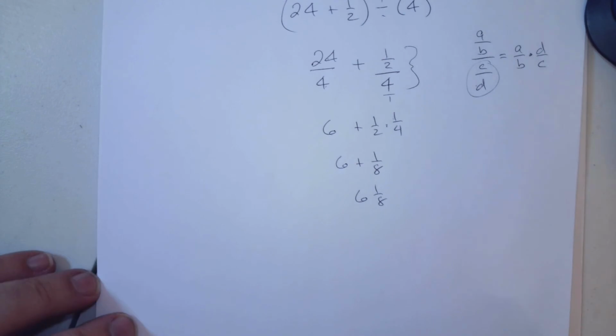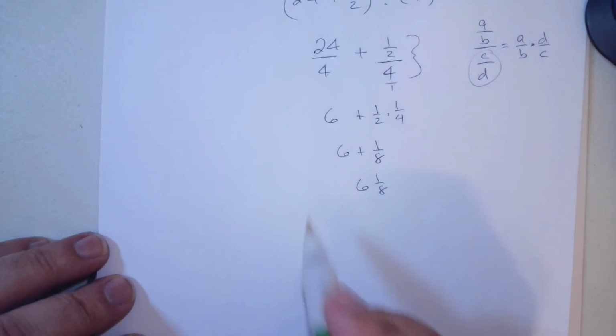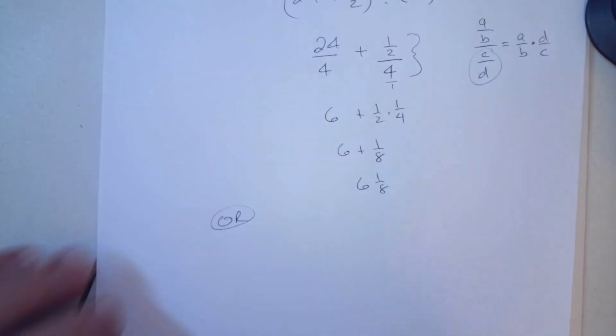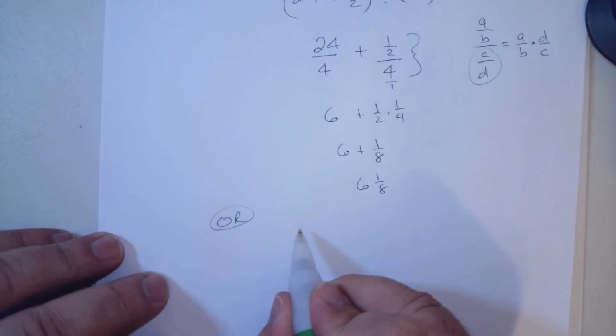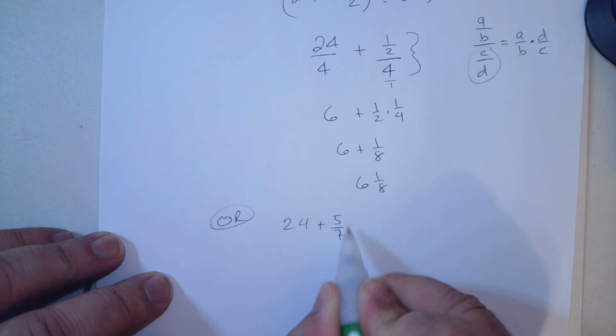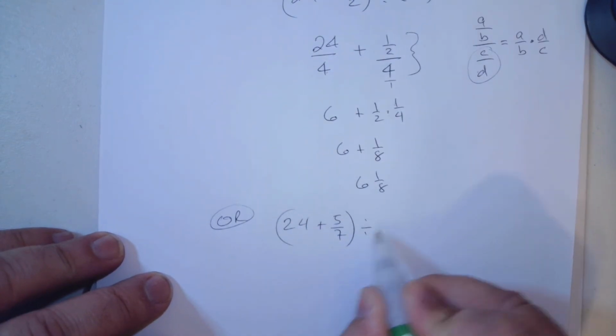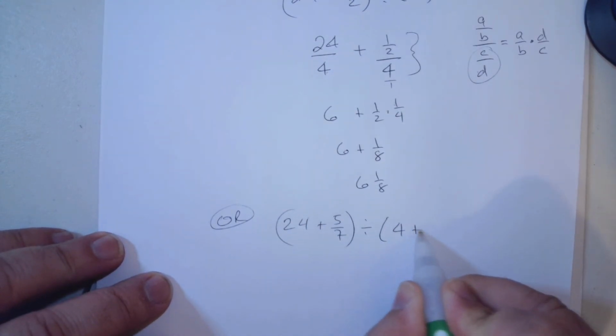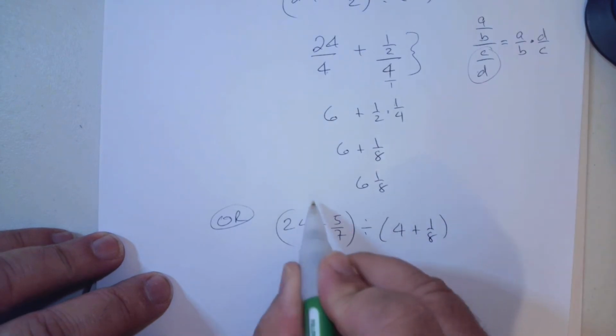Or what if you went the other way with this, because it's estimation? We had 24 plus 5/7 divided by 4 plus 1/8.